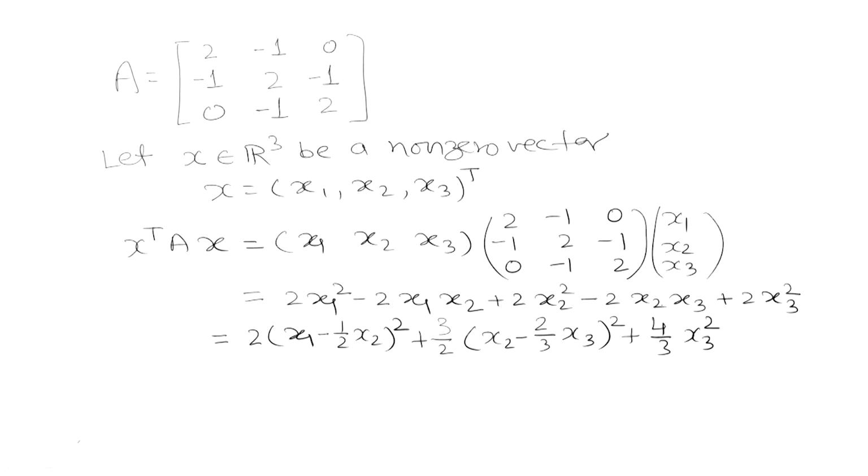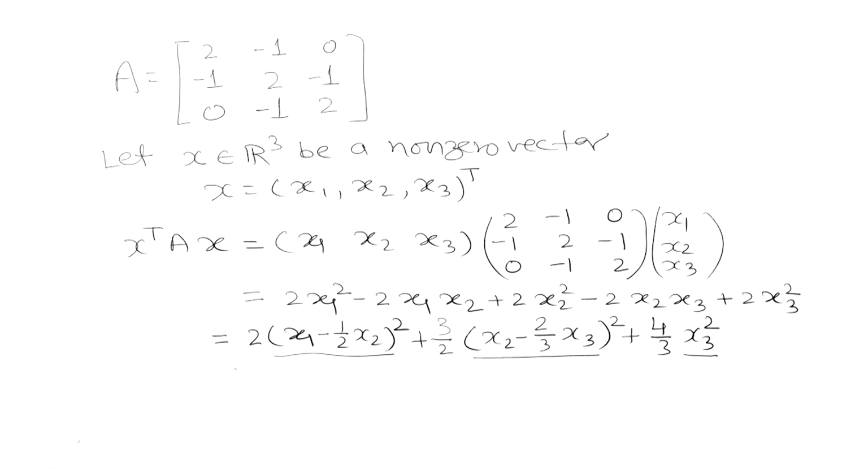So, the above thing can be written in this way, and you know that the final expression is a sum of square terms. So, this will always be positive for non-zero x. Hence, A is positive definite, because x transpose A x is always positive for a non-zero vector x. This is one of the ways of checking positive definiteness.